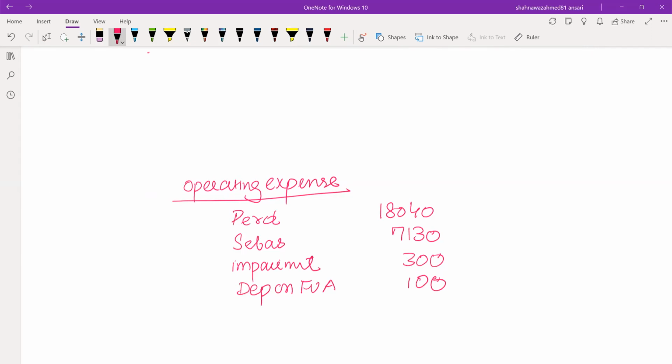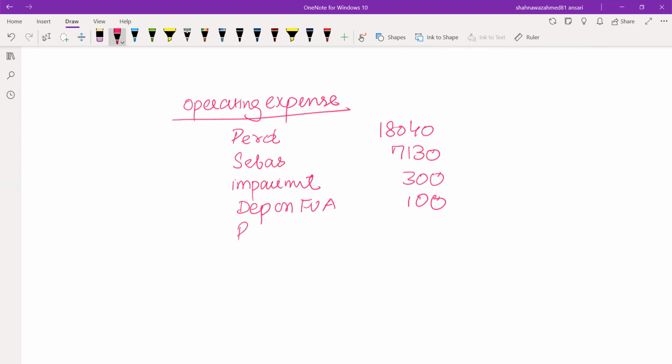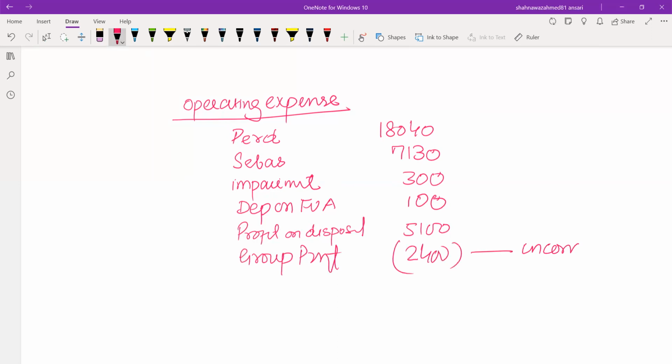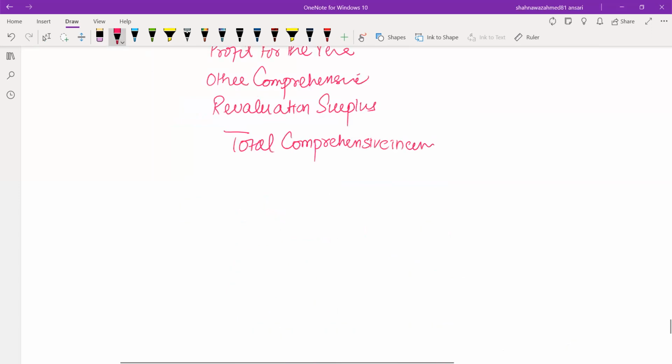Now, the next thing is profit adjustment. So, profit on disposal. We need to remove the profit. Individual profit was 5,100. Remove this. And group profit was 2,400. Add this. It's an income, so deduct from operating expense. And we have 28,270 operating expenses.